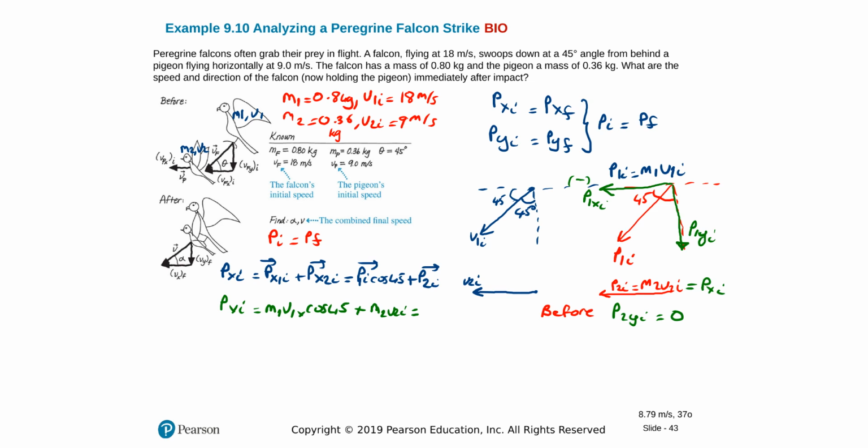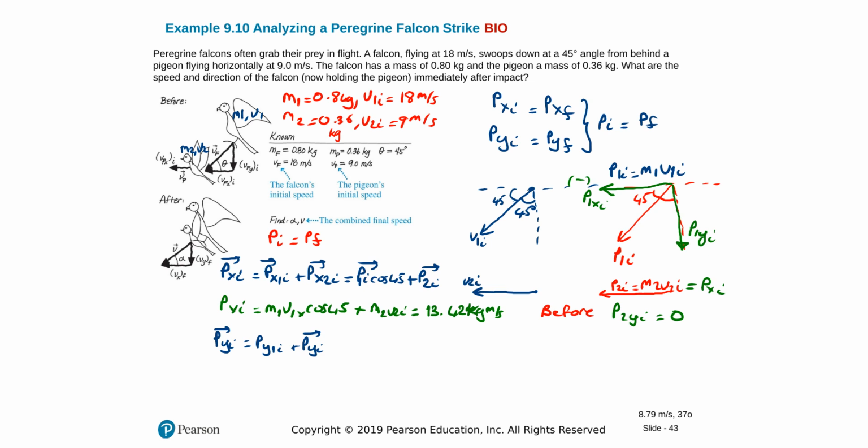All the numbers are in here. We will get an X component of 13.42 kilogram meters per second. X momentum. Y momentum will be easy. Let me go back to blue here. Py initial is equal, let's not forget the vector sign here, Py1 initial plus Py2 initial.